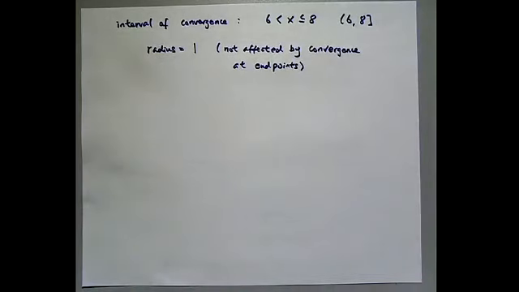In other words, if the question simply asks you to find the radius of convergence, then you wouldn't need to check the endpoints. If no one asks you what the interval is, but simply the radius, then the radius is very easy to answer. The endpoints just add a little bit more to what you have to do.